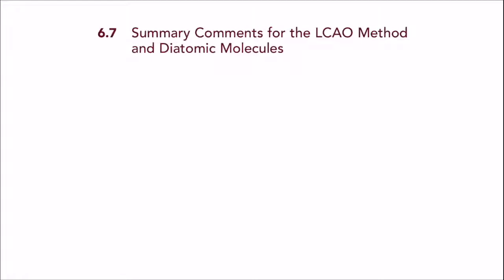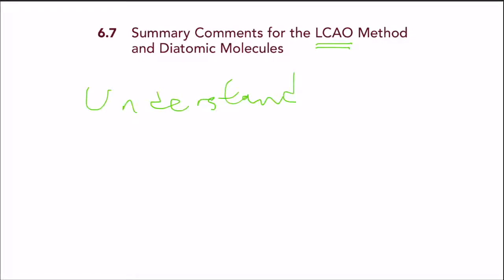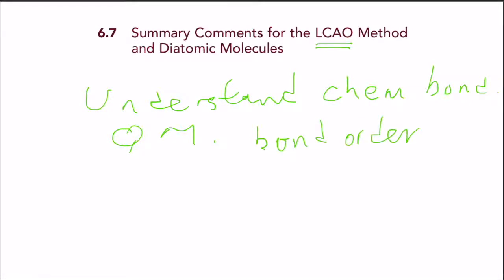So to summarize what we have been studying, we're using this linear combination of atomic orbitals to qualitatively understand chemical bonding from a quantum mechanical point of view, but without having to have major computers and so on. And even though this method is qualitative, we are able to predict bond order, bond energy.